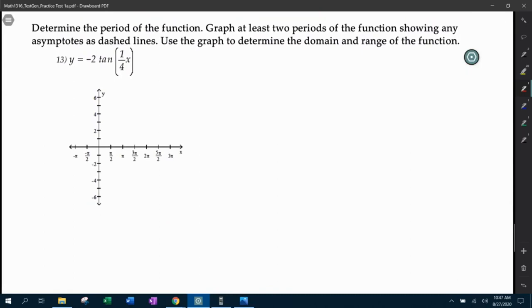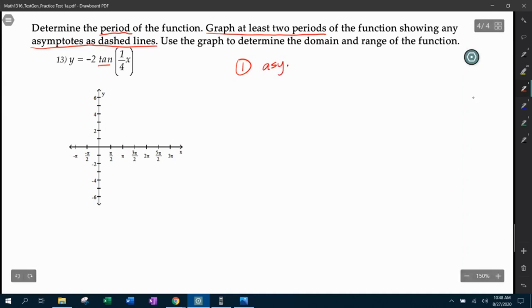Next, number 13. Determine the period of the function. And then it says graph at least 2 periods showing any asymptotes as dashed lines. And so this time we have a tangent. This is not sinusoidal. So this has a 4-step process. Step number 1 are the asymptotes.